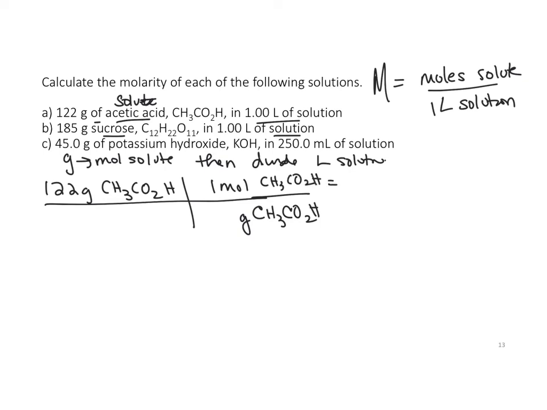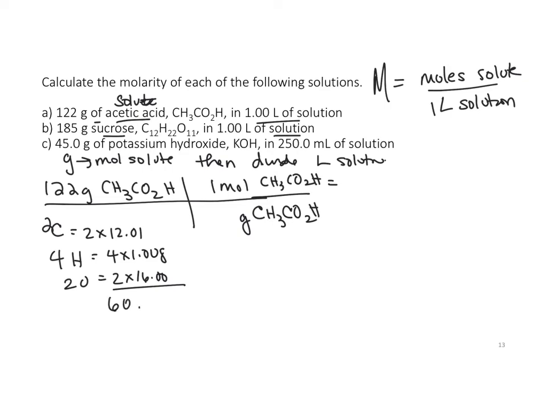So to get to moles, we have 2 carbons, we have 4 hydrogens, we have 2 oxygens. So 2 times 12.01, 4 times 1.008, and 2 times 16. And so the molar mass would be 60.05 grams per mole.